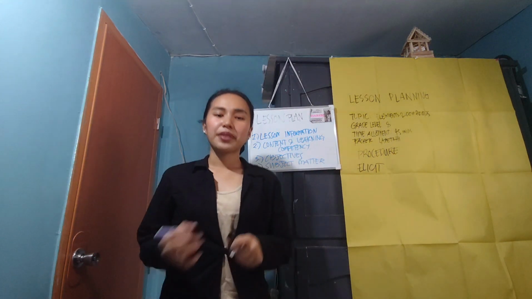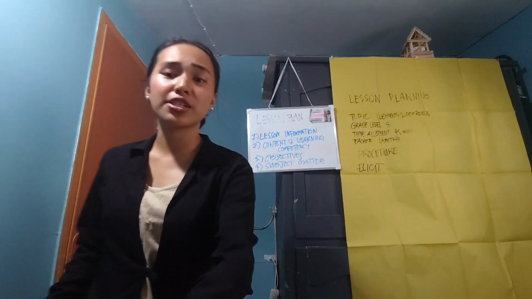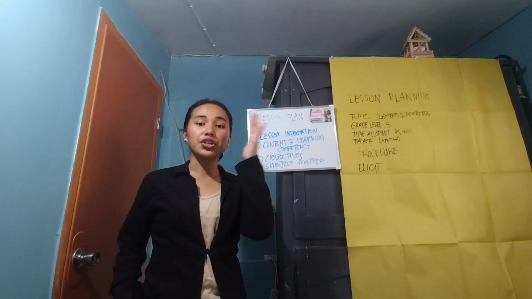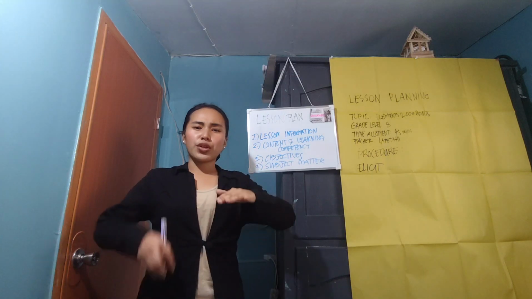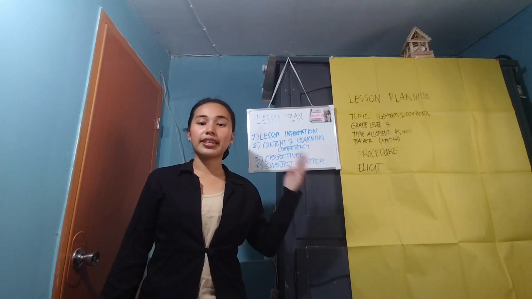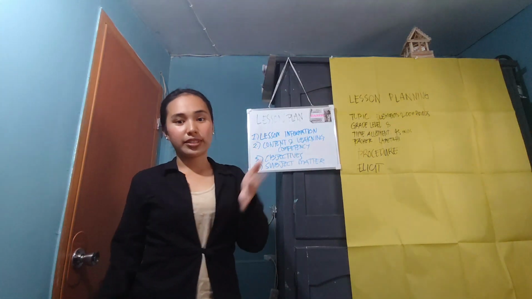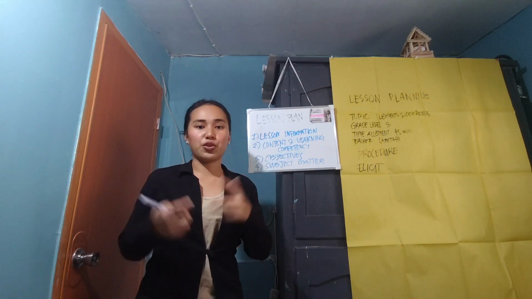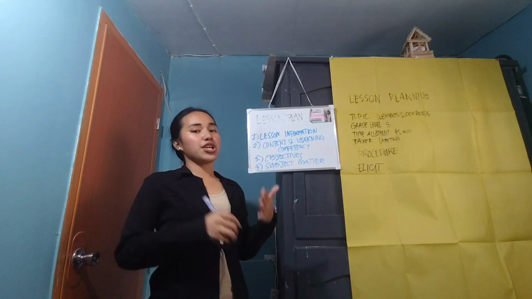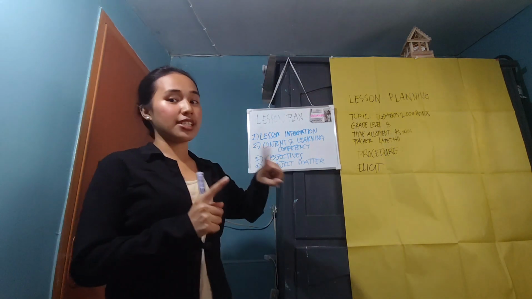So elicit. In this part of the lesson plan, the teacher activates the students' prior knowledge. In the lesson plan that I based on, the activity used is called Paste It If You Know It. The students here are grouped and given pictures of different substances.